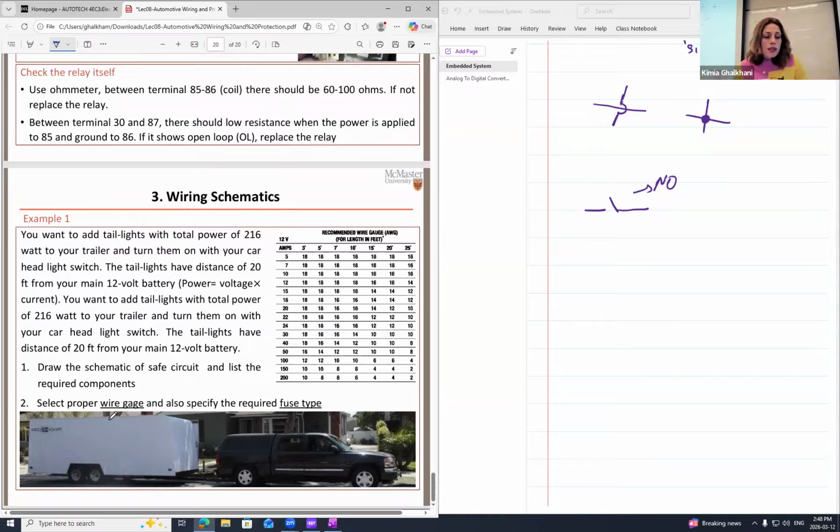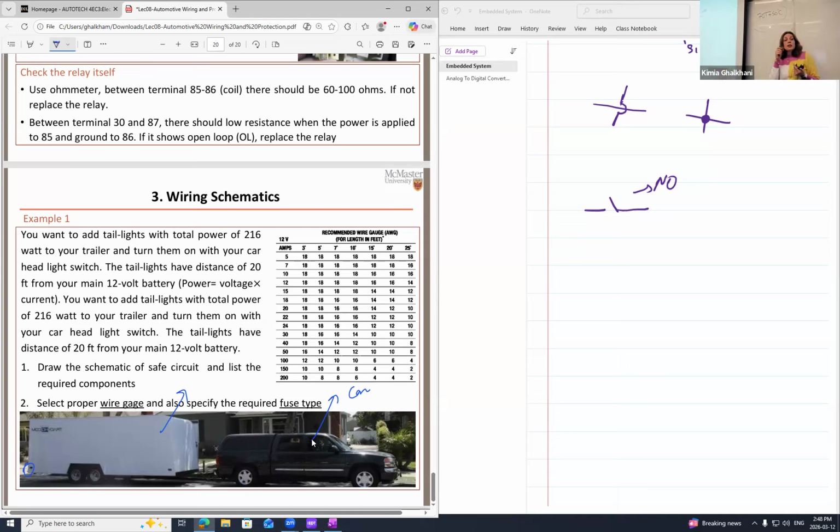Keep in mind, this is going to be your vehicle. You are planning, this is your car. You are planning to maybe connect a truck or whatever to the vehicle to transfer some stuff from here to there. And since at the back you need to have a signal for the other passengers or other drivers around, it's better as an engineer to go ahead and connect maybe two lights.